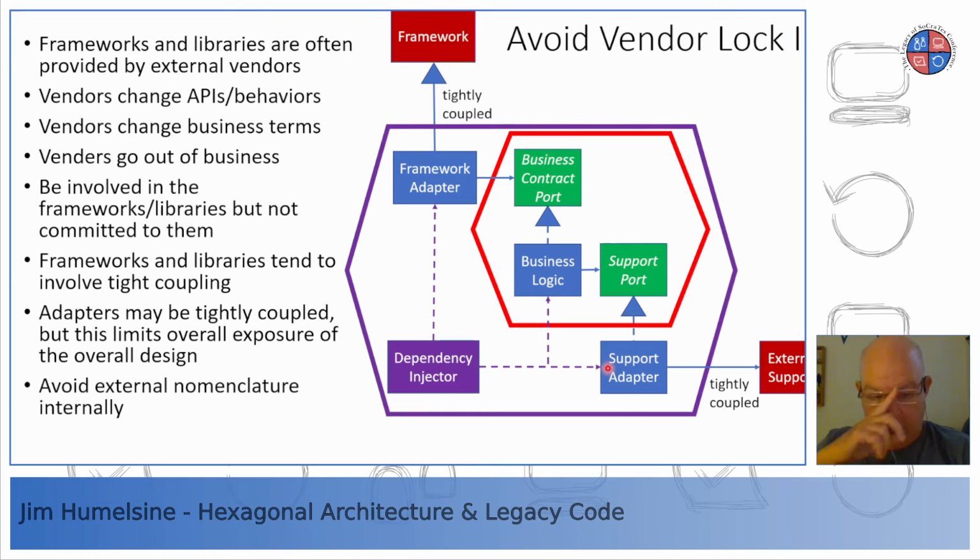And also avoid the external nomenclature that may come from a framework. I worked in Corba many years ago, and it would generate types for us. And Corba was kind of like an old version of REST for client-server communication. It would generate types for us that were very convenient, and we ended up letting those types, which should have stayed right here, invade into our business logic.